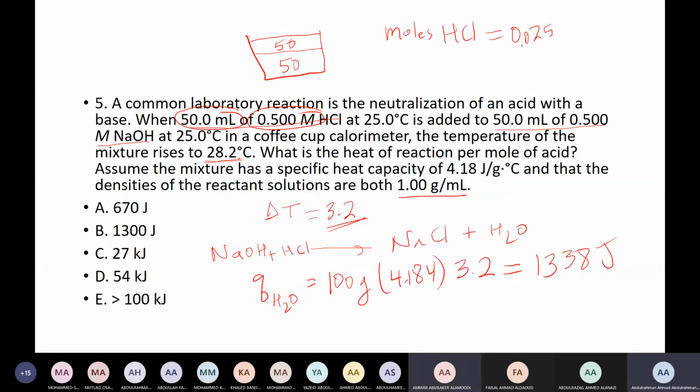Yes. Sure? Mole HCl. This gives us a heat of 1338 joule. How did they get that? 0.025, molarity times milliliter. Oh, okay. Thank you. Okay, 1 mole HCl, how much heat is it going to give?